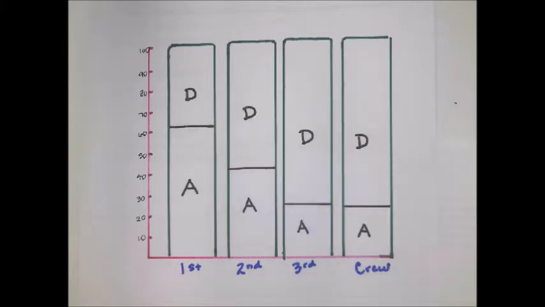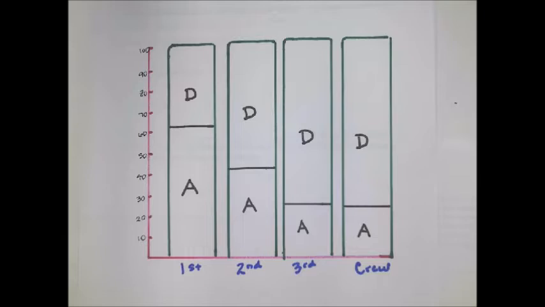Now, we did this back in first semester, and we simply looked at it and we said, are the breakdowns in basically the same proportion? And if they were, we said the variables seemed to be independent.